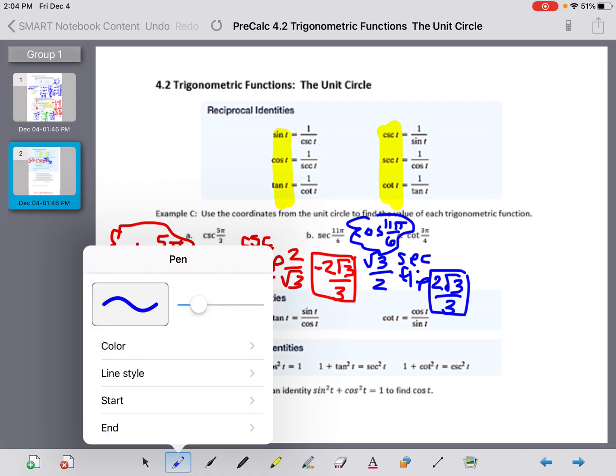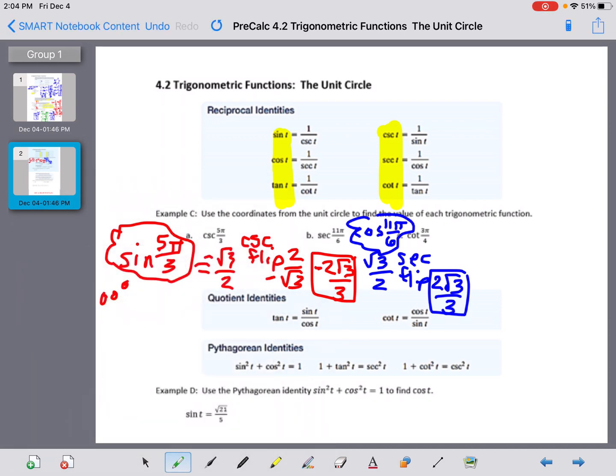Okay, so my last one here. I am finding the cotangent of 3 pi over 4. So cotangent I know is the reciprocal of tangent, so I'm going to think tangent of 3 pi over 4. Well, 3 pi over 4 is in the second quadrant, so it's going to be negative.